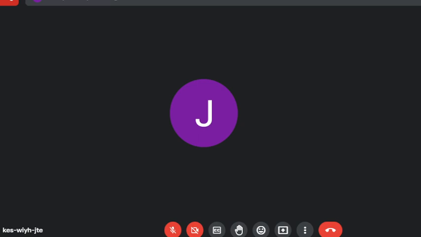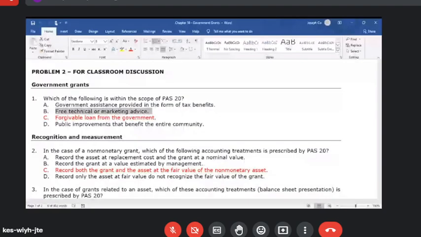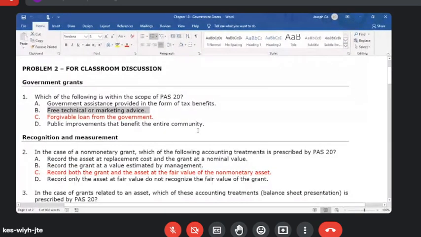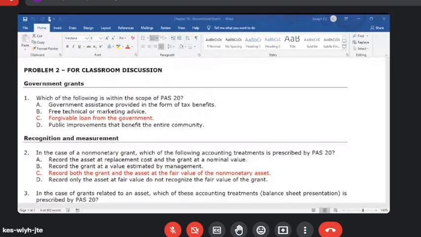Sige po, sir. Thank you. Nabasa ko lang kasi sa libro. Sorry po. Oo. Kasi ano i-debit mo dyan? Advice lang. Daldal lang, di ba? Okay. Wala kang na-receive ng consideration, no? Sige, may pakita ko lang to, no?